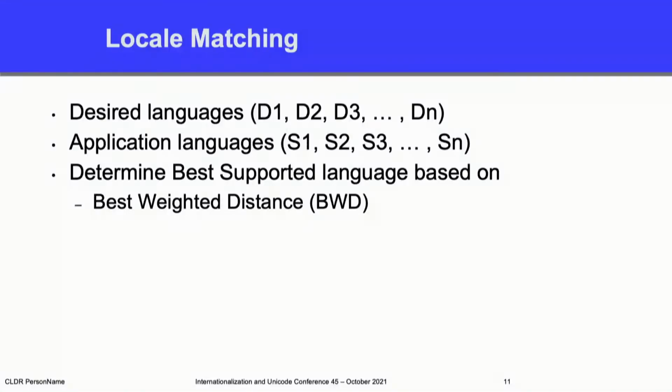So then the fun part gets into what they call enhanced locale matching. And that's where, let's say your user does have a set of desired languages. Let's say they're in Canada and they have French first and then English, and they speak Chinese, so they have Chinese on there as well.